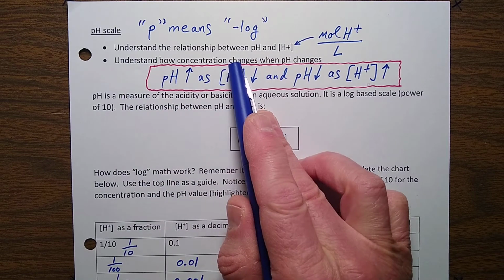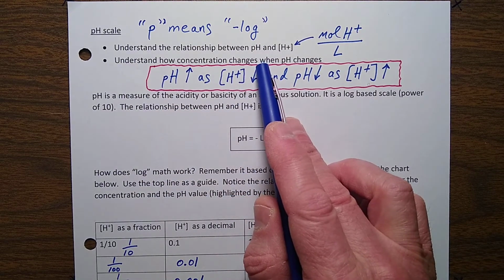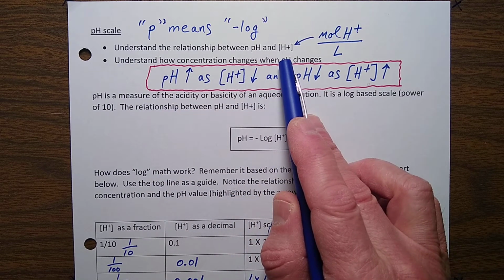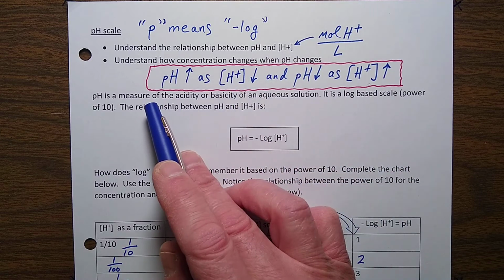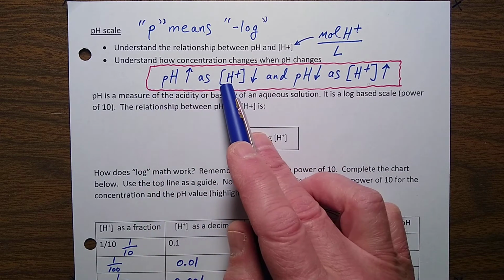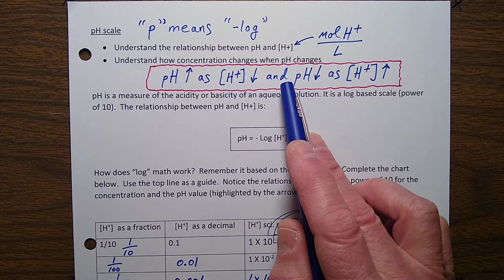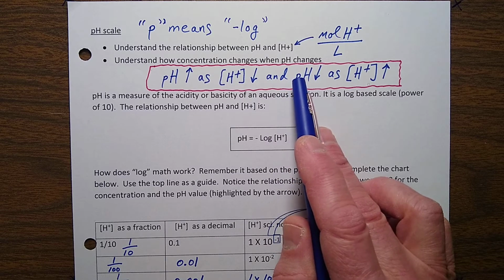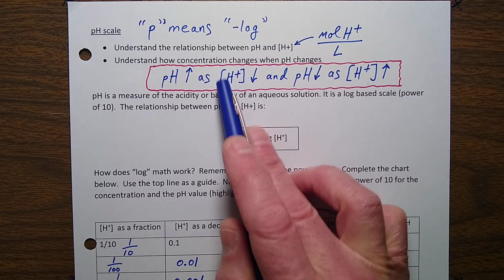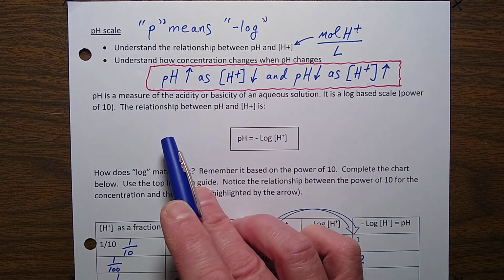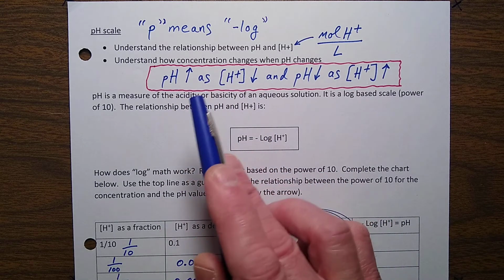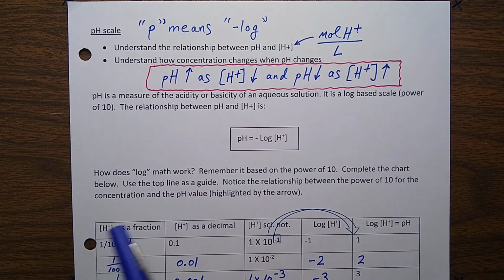The pH scale helps us understand the relationship between proton concentration and hydroxide ion concentration, and how concentration affects the pH and vice versa. The pH and the molarity of protons are two different ways to express the same thing. But they're inversely related because they are a logarithmic scale.